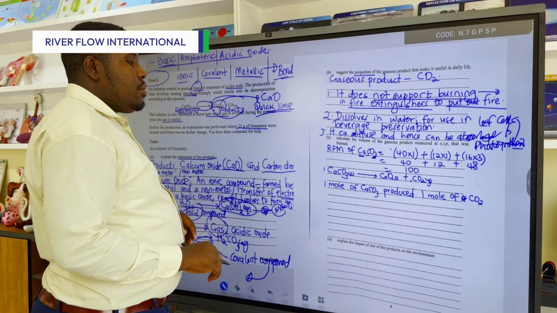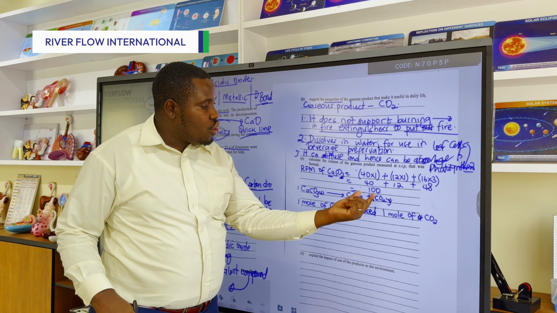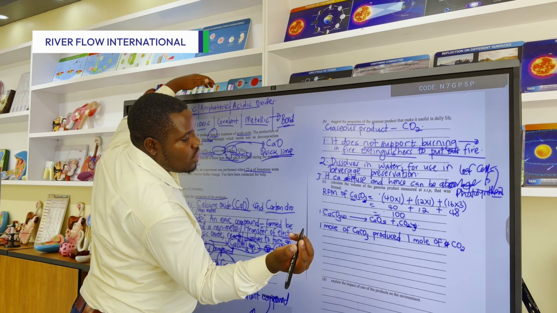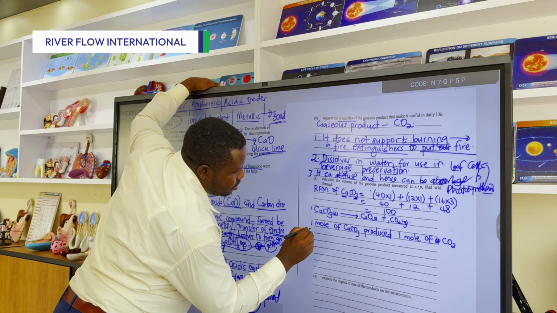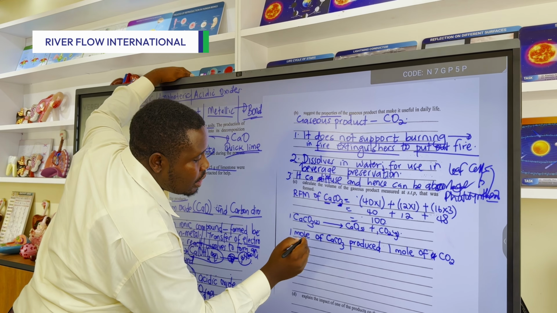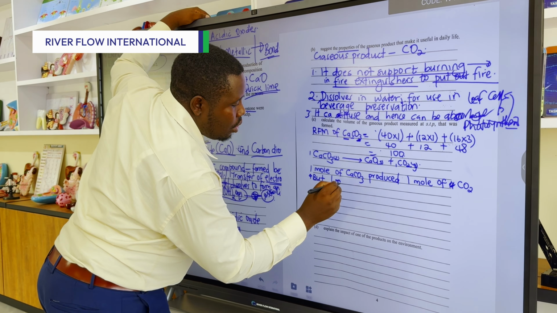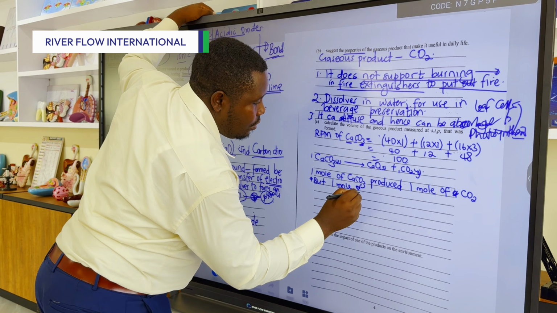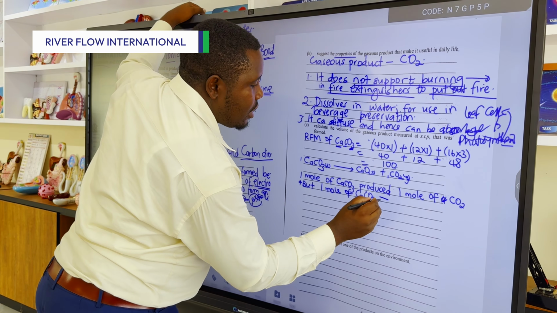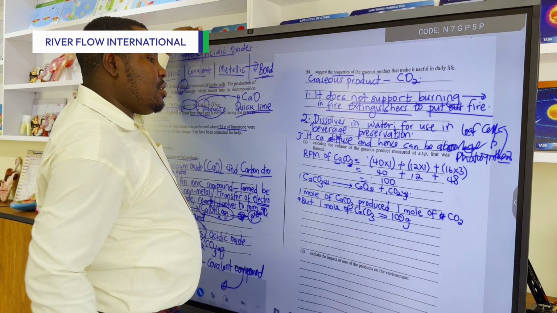1 mole of carbon dioxide. But we know that relative formula mass or relative molecular mass is equal to 1 mole of a compound. So I'm going to say that 1 mole of calcium carbonate is equal to 100 grams, which is the relative formula mass.